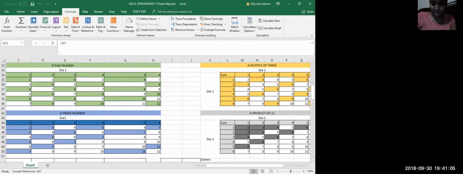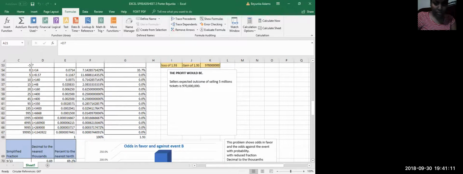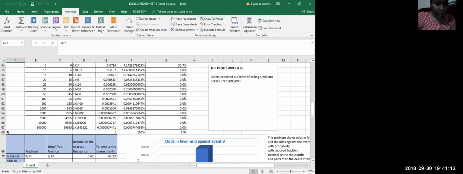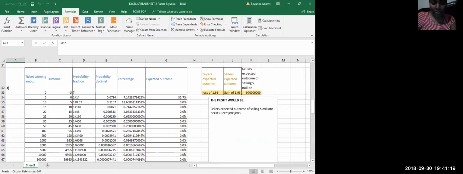Let's go down to question 3. Question 3 was about probability, the odds, and how much profit the state would expect if they sold 5 million of these tickets.